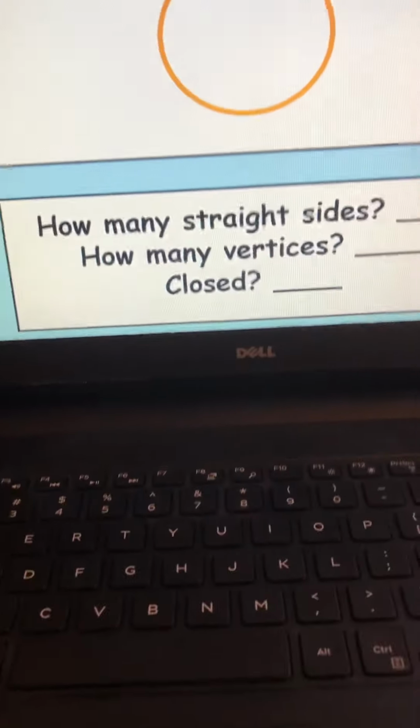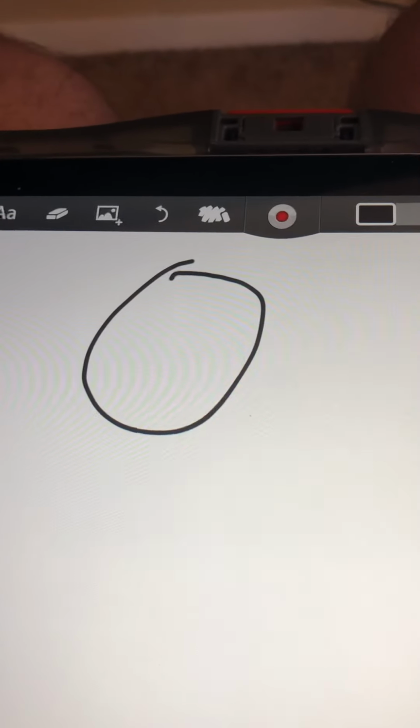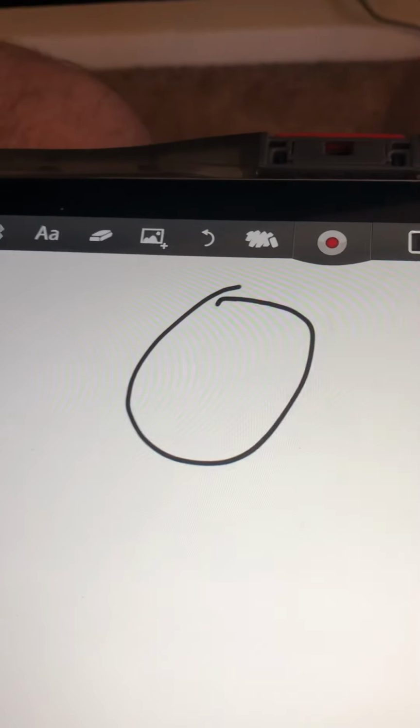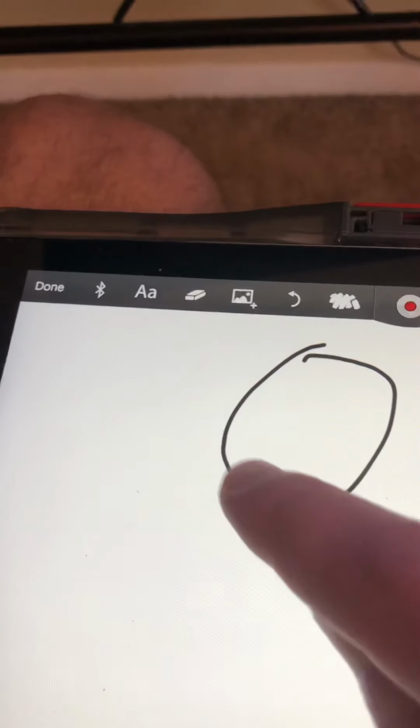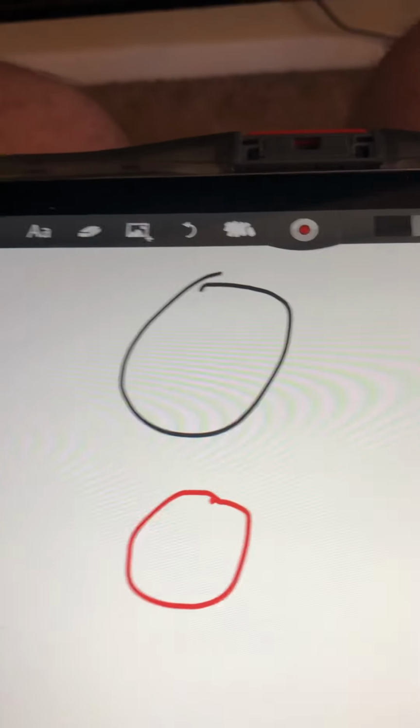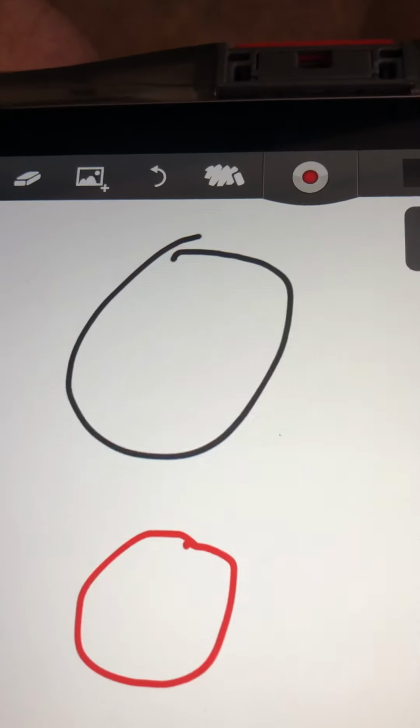And now we're going to do our circle here. How many straight sides on the circle? Give you a minute to look at that and write that down. Well, you see how it's all curved? There's actually no straight sides on a circle. How many vertices? Vertice is a word for corner.